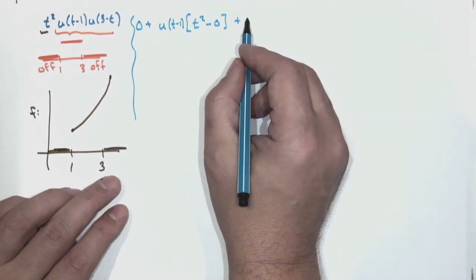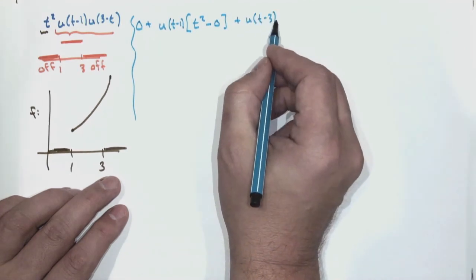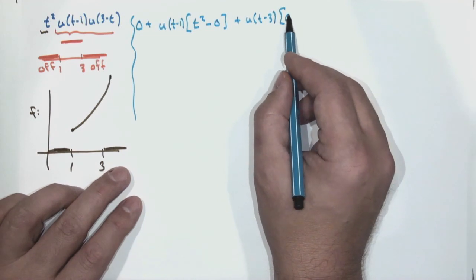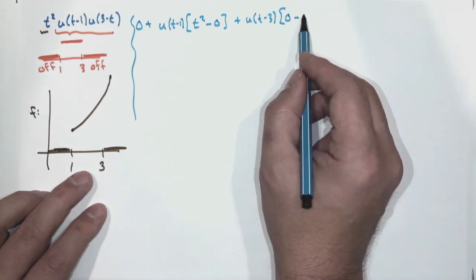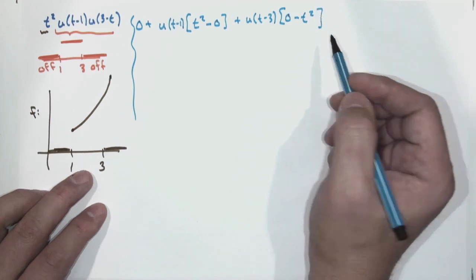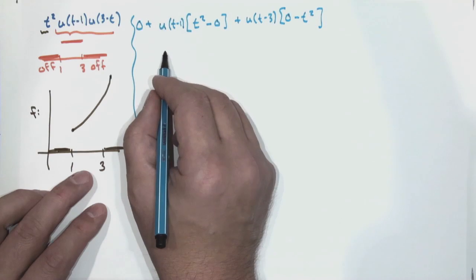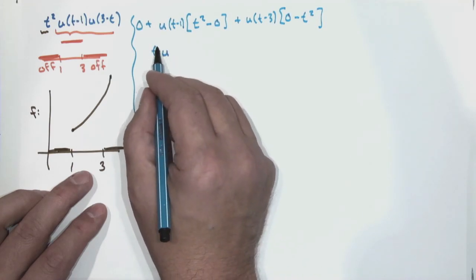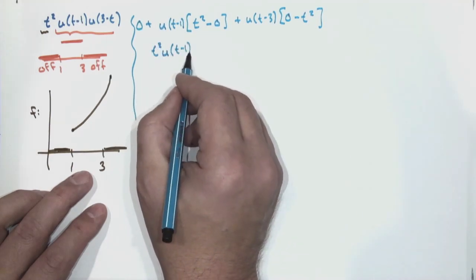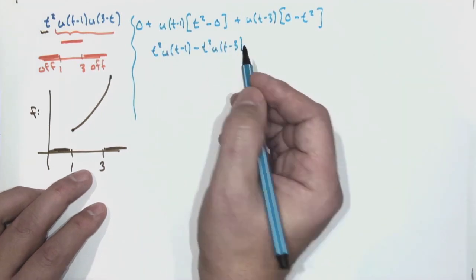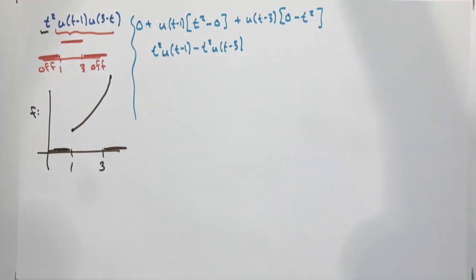And now we have something happening at t minus 3. Okay, what's our behavior after 3? 0. Subtract behavior before 3, t squared. All right, so our real goal here is we have t squared u of t minus 1 minus t squared u of t minus 3. Okay, so that's our function in a more friendly, digestible way, and at least friendly in terms of our rules.